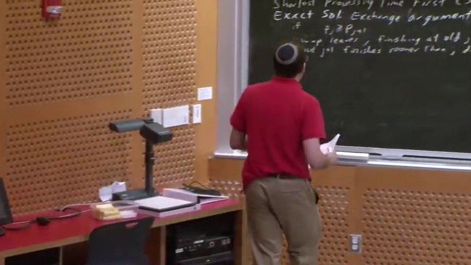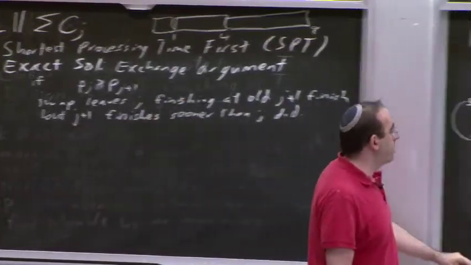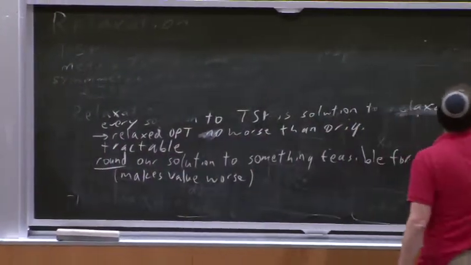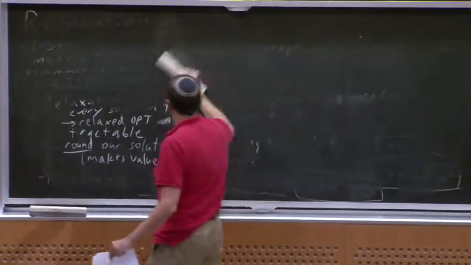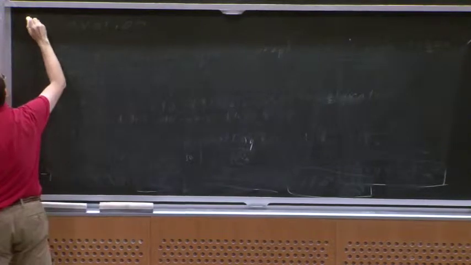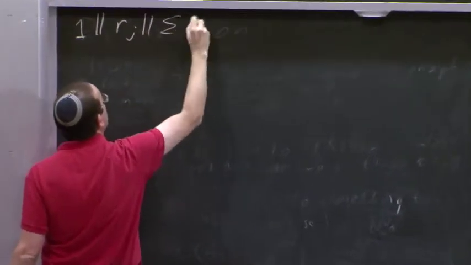Okay. Good. So why did I show you this problem? Well, because the machinery is useful for the problem that we actually want to talk about, which is 1 | rj | sum Cj.